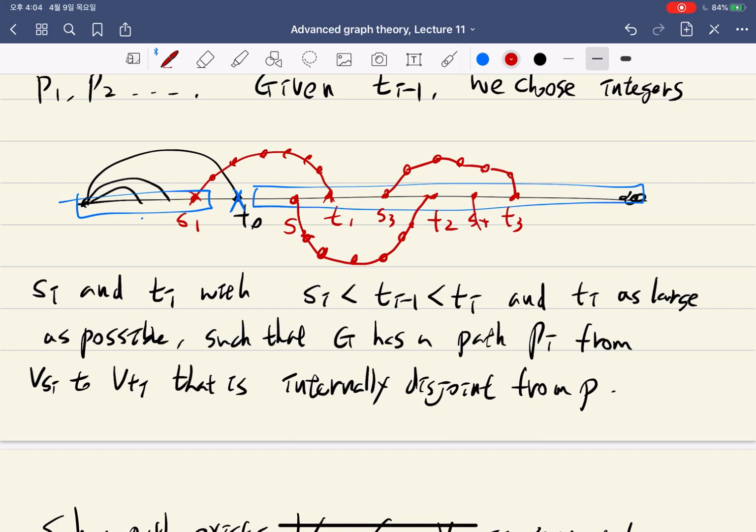And S4, T4 satisfying the same condition, until you get to the point where this T sub R is bigger than T.